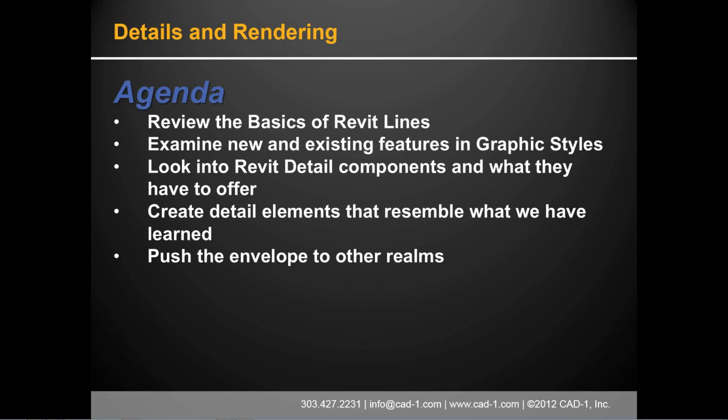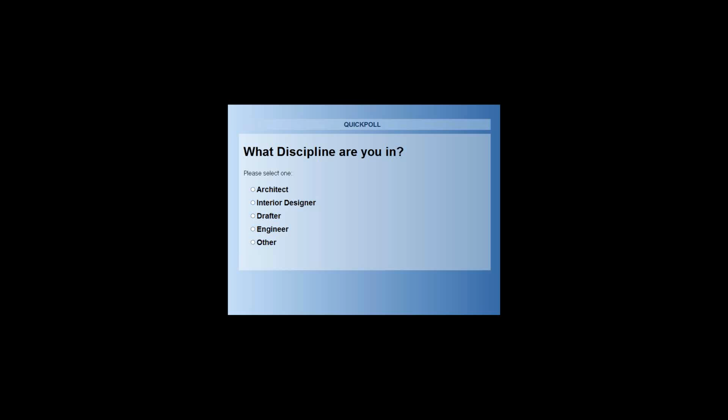And before we get into that, though, I'd like to do a couple quick polls like we always do on, you know, who's out there. Right now we've got pretty good numbers coming in, a little bit of where I thought we would be. I actually thought we'd see some more interior designers, but it doesn't seem to be.